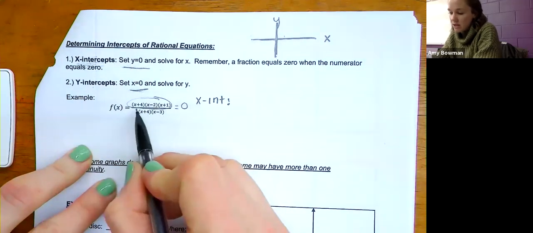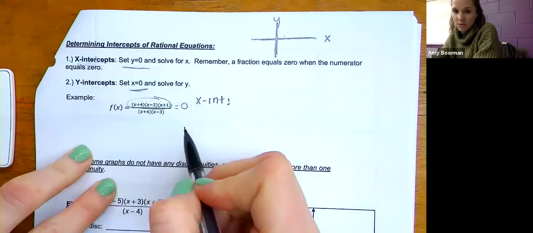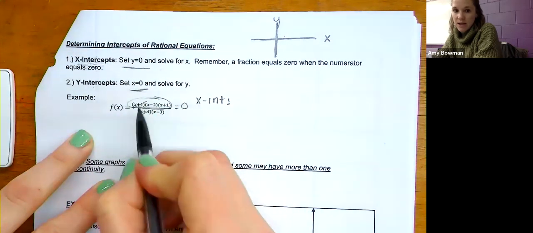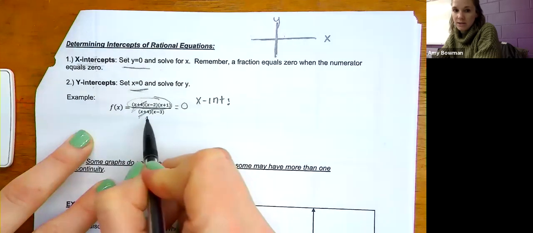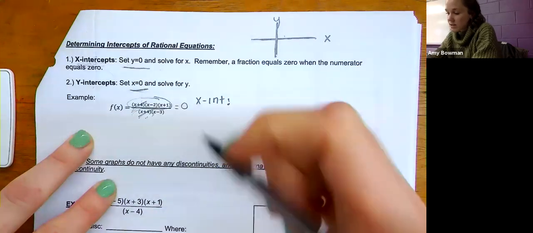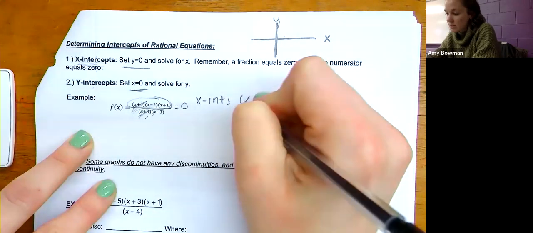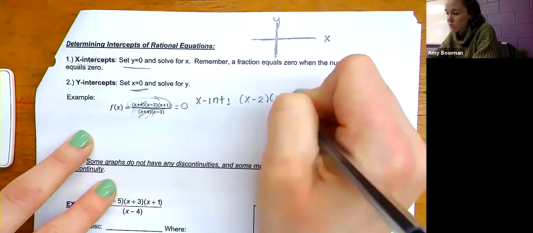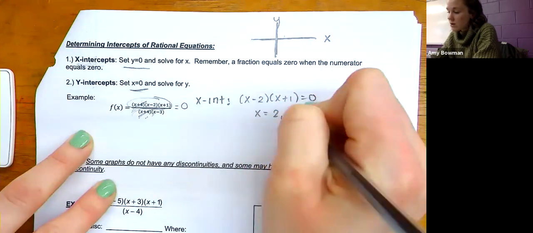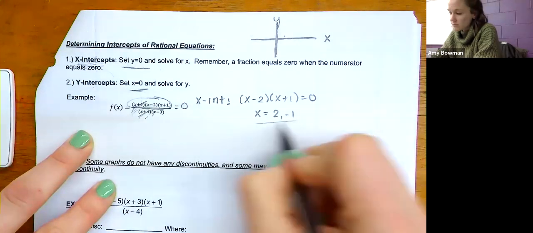In this case, because I have these common factors in the numerator and denominator, -4 is not actually an x-intercept. -4 is a restriction since x plus 4 also appears in the denominator. So my x-intercept is coming only from where x minus 2 times x plus 1 equals 0, which would be 2 and -1.